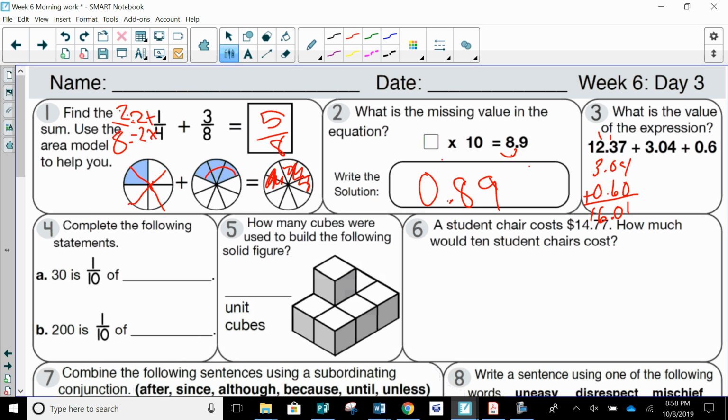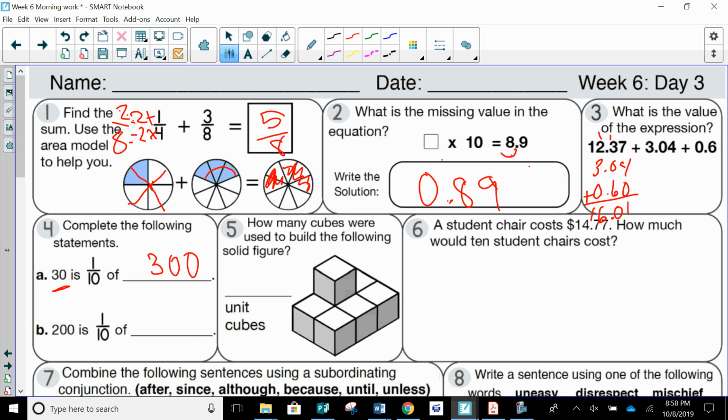Well, now this means I'm taking 1/10 times something to get 30. Well, if I multiply 1/10 by a whole number, then my answer, which would be this 30, would mean that I'm moving my decimal point over to the left one place. So to do that, I would have had to start with 300.